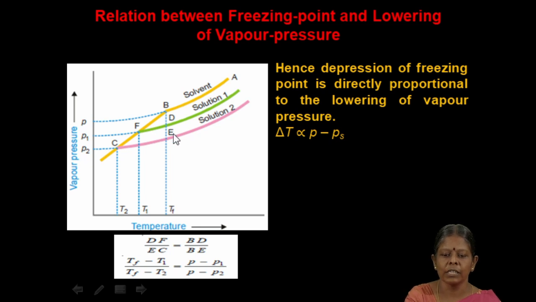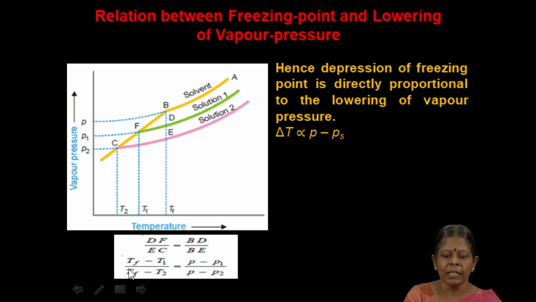Now we consider that the lines CD, CE and FD are nearly straight lines, and therefore triangle BDF and triangle BEC are similar triangles. By the properties of similar triangles, DF divided by EC will be equal to BD divided by BE.